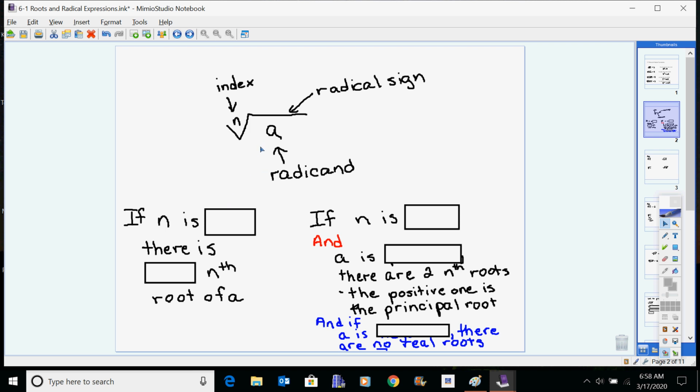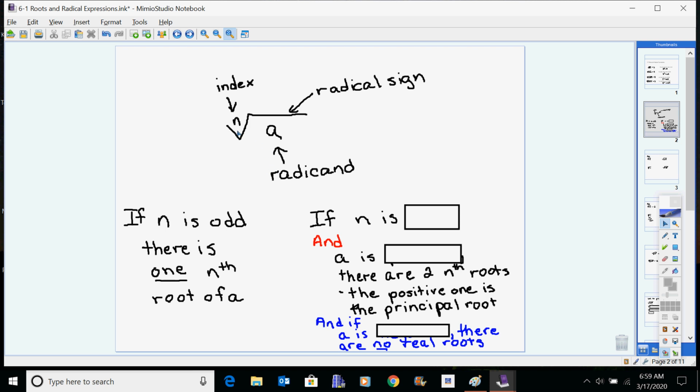There are certain rules that we need to think about as far as what the numbers are in here. If n happens to be odd, if n is an odd number, then there is just one nth root of the number.